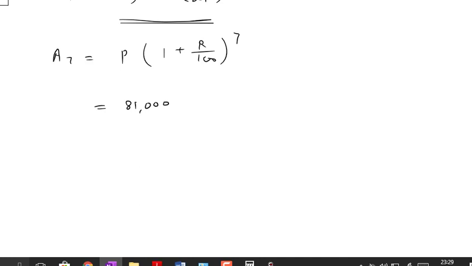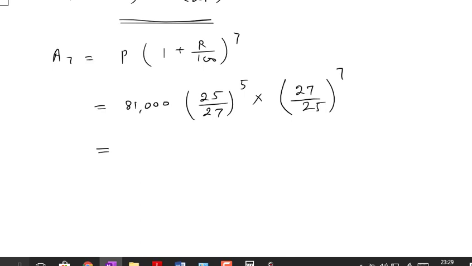So the value of P is 81,000 into 25 upon 27 power 5, and 1 plus R upon 100 to the power 7 is actually 27 upon 25 power 7. Now see here, this 25 power 5 is in the numerator and this 25 power 7 is here in the denominator, and similarly 27 power 5 is in the denominator and here in the numerator.